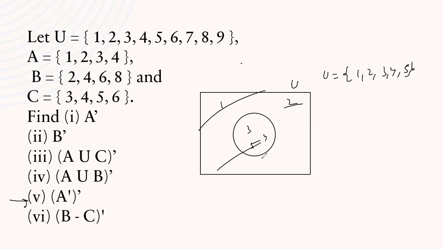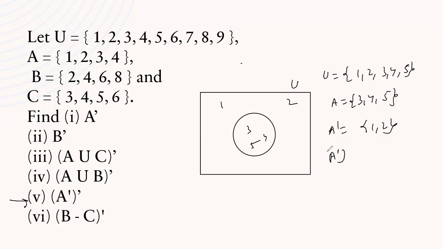And A contains 3, 4 and 5. So what does A complement contain? A complement contains 1 and 2. It is also possible that they can give you the complement of the complement. The complement of the complement will be the same set again, that is 3, 4 and 5.